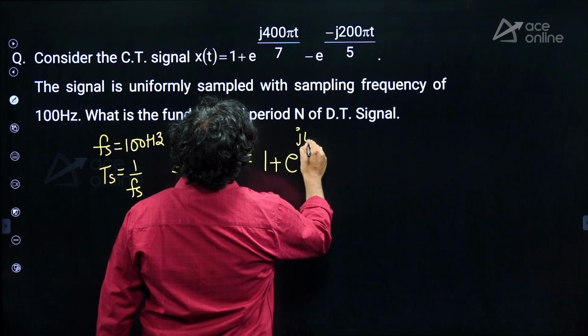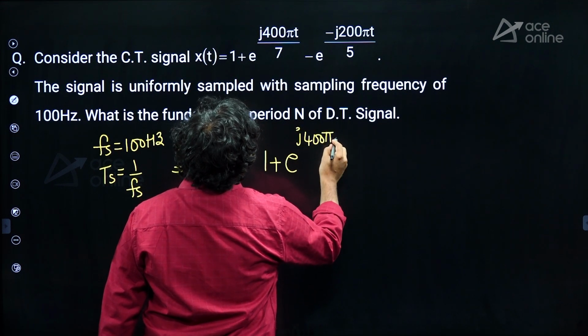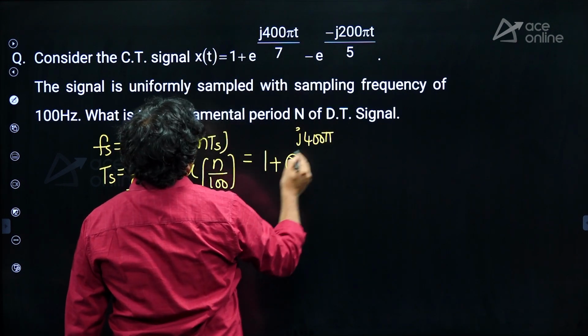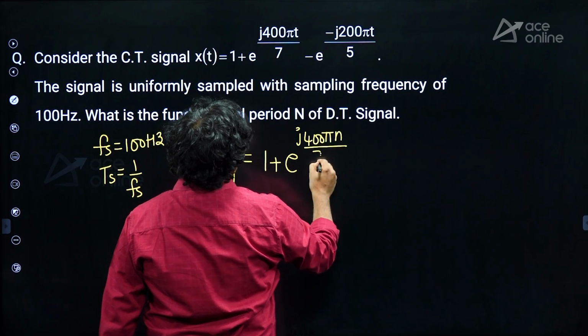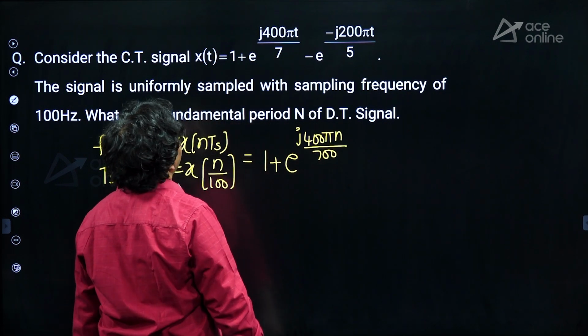When you take the discrete form, small t we are substituting by n by 100.